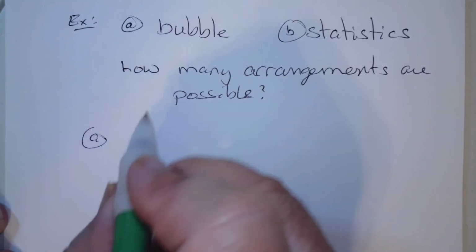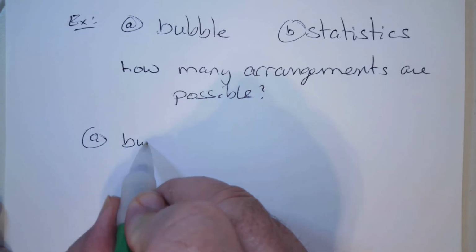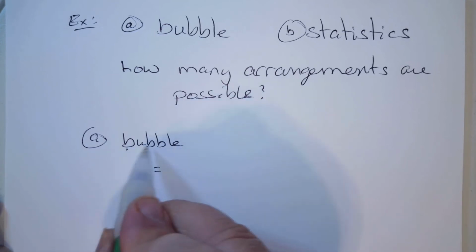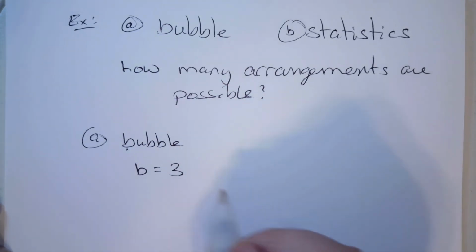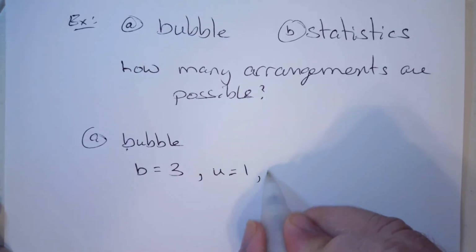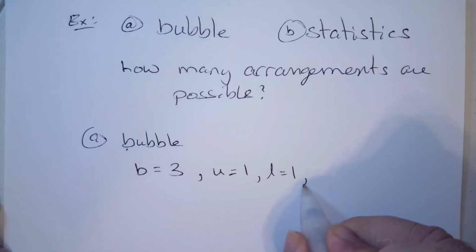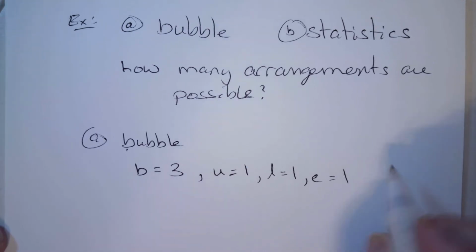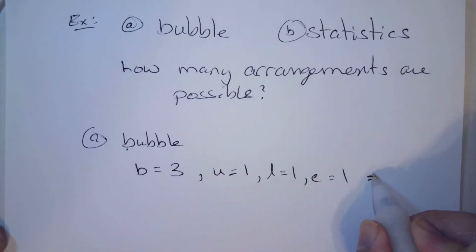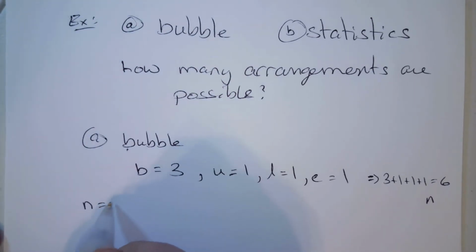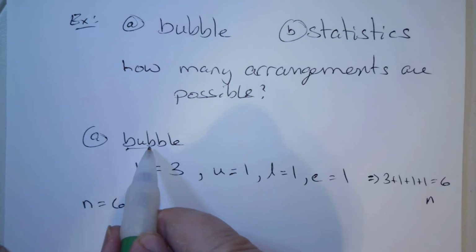Let's look at the first word, bubble. We have the letter B. It occurs 3 times. The letter U occurs once. Letter L occurs once. And letter E occurs once. If you add them up, 3 plus 1 plus 1 plus 1, that equals 6. That's my n. So n equals 6. We have 6 letters in the word bubble.